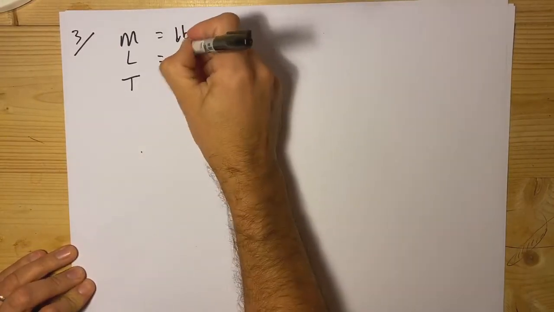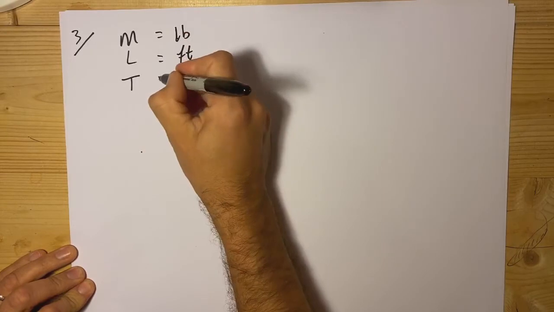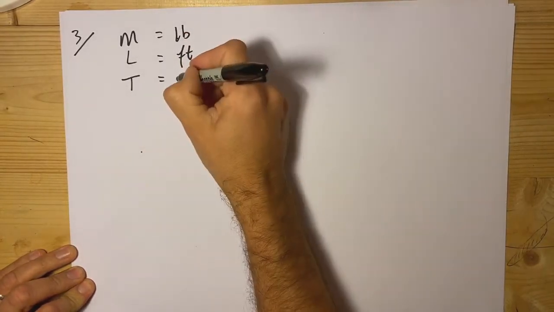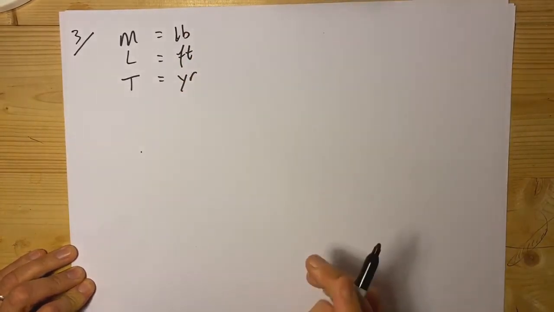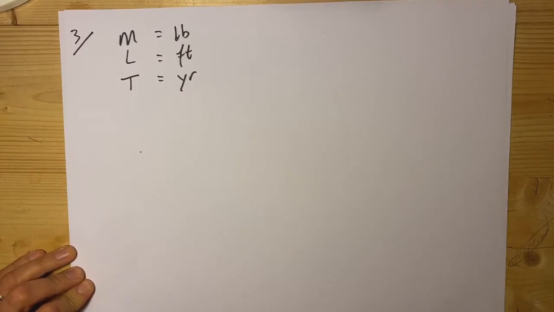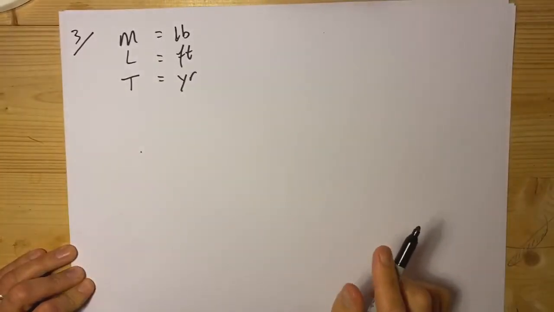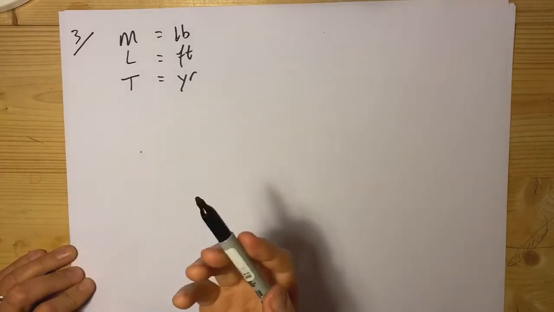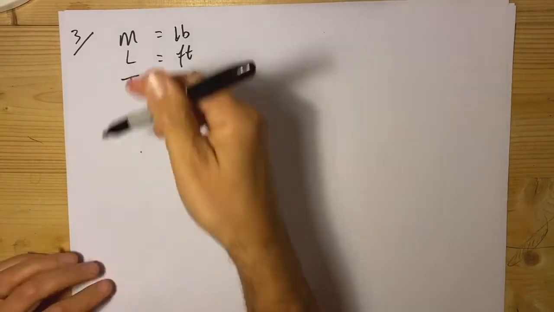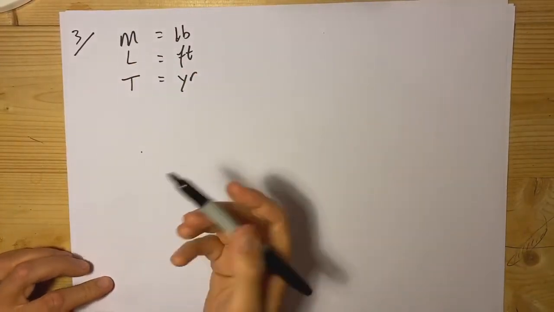Length is in feet, and we give that the abbreviation ft, and then time is in years, and we give that the abbreviation yr in this case. So throughout there, I ask you to define various quantities using these units. We'll just do a handful here.